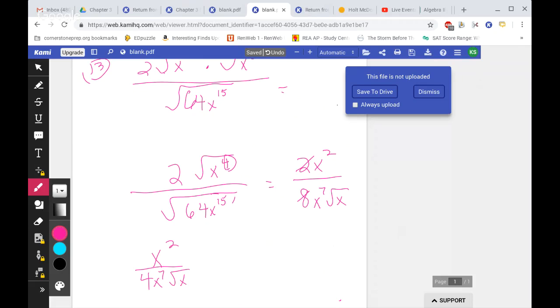Okay, so now I've got a 1 on the top with a 4x to the 5th with a radical of x. I can't leave that radical on the bottom, so I have to multiply the top by the square root of x and the bottom by the square root of x, which gives me root of x all over. And then this is going to give me another x, which I add to the x to the 5th. So it's 4x to the 6th.